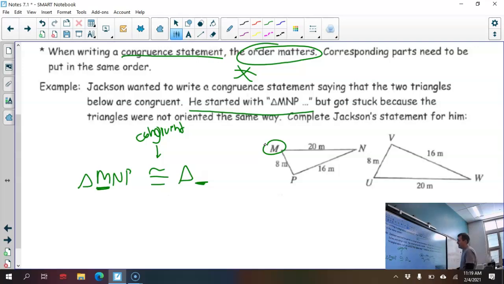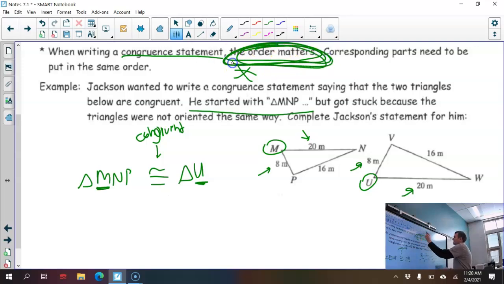And one way you could tell is that the M is between the 20 and the 8. So over here, the letter that's between the 20 and the 8 is the U. U must match up with M. Those angles are corresponding angles. And like I say, the order matters here, right?